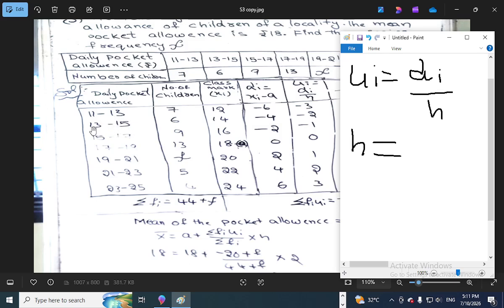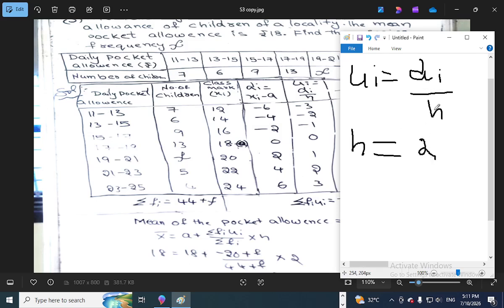The difference between the boundaries is equal to 2. Like that, if you observe all these classes, the difference between the boundaries is equal to 2. That's why width of the class, or height of the class, we are taking as 2. So h is equal to 2.